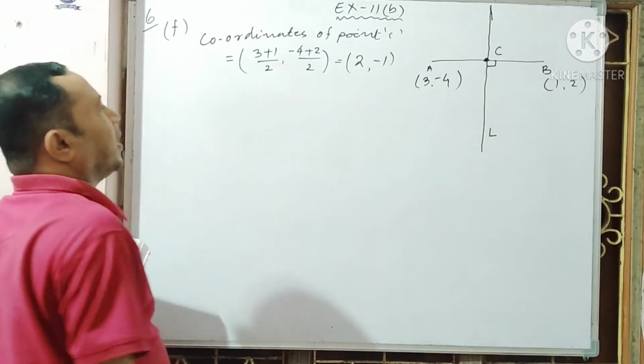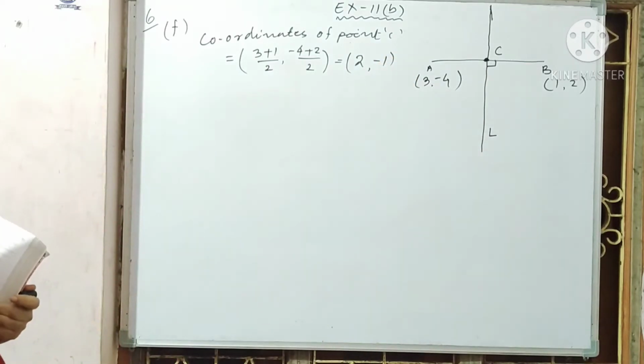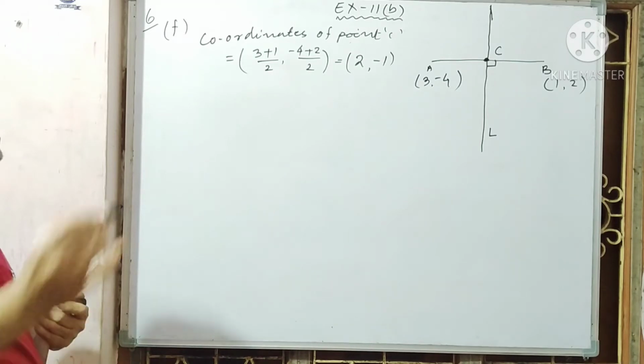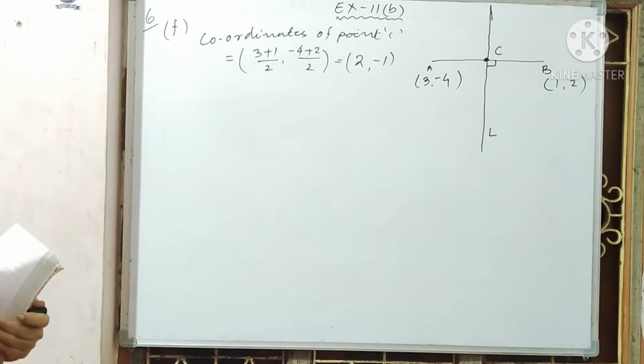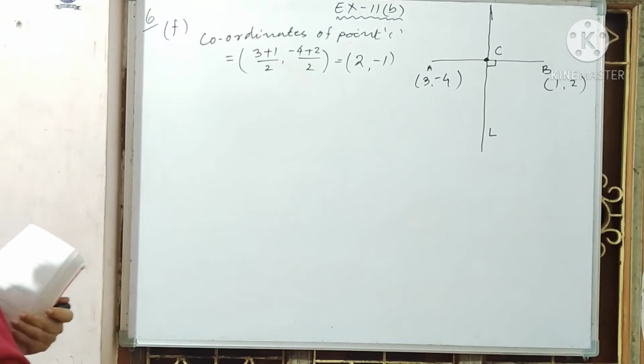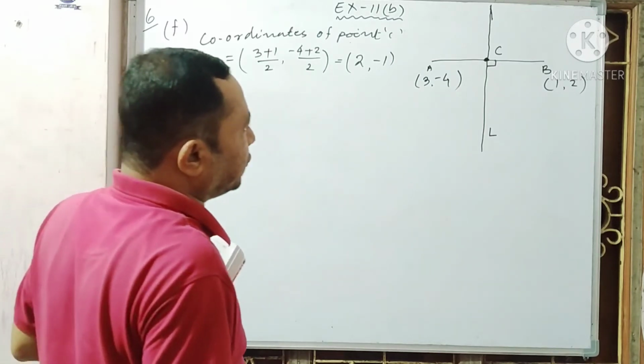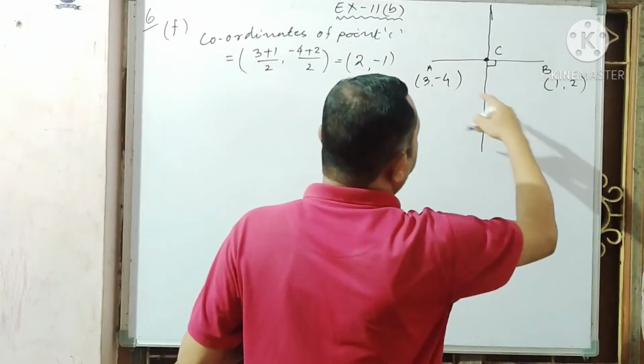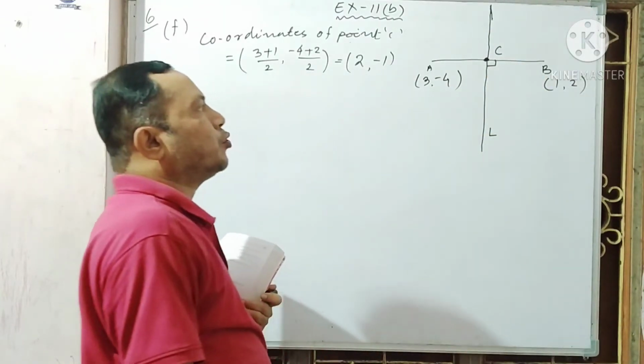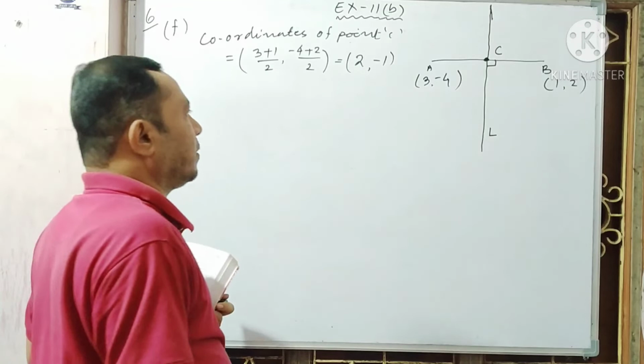So the coordinate of the point C is known and C is on the line L. Now we need the slope of the line. You see, the lines L and AB are mutually perpendicular to each other.